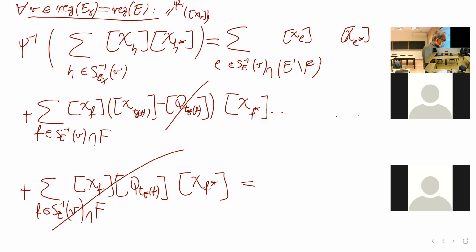But now, of course, we have to split. We have to write down this set of regular vertices of E as X disjoint union Y. All right.